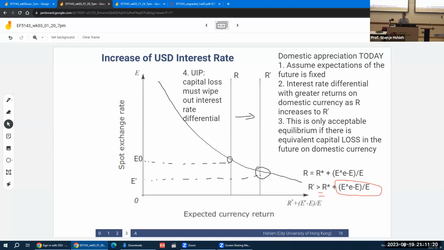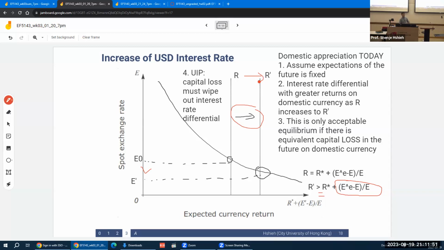All right, so you see the subtle paradox here, right? The paradox is today your currency appreciated, right? That's the kind of potentially confusing thing. My currency appreciated today as a result of an interest rate increase, yeah? As you move outward away from the origin, the value is increasing.